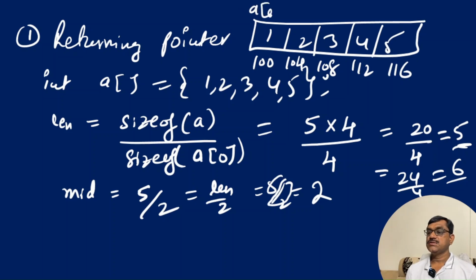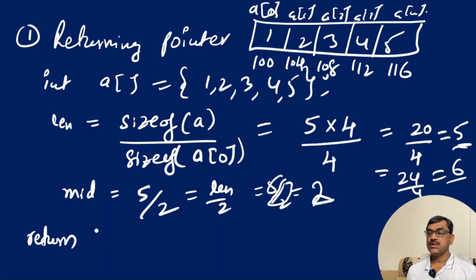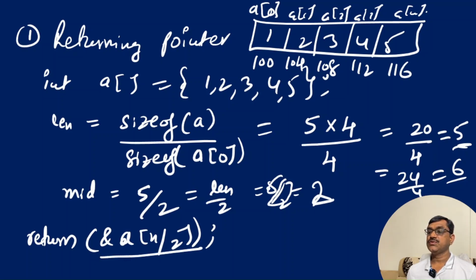The first element is a of 0, then a of 1, a of 2, a of 3, a of 4. Now, we are going to return the address of a of 2. We use the statement return ampersand of a of n by 2.